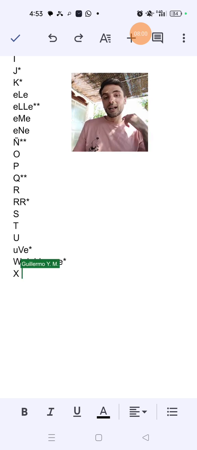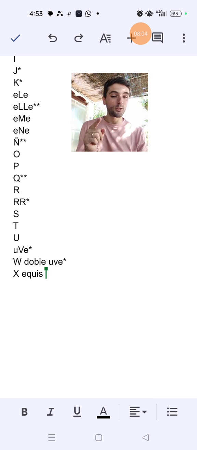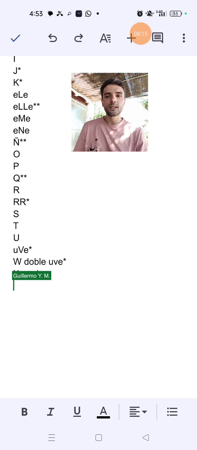The X, in Spanish we call it X. All right, we will see it later. Just to know the name. X makes the same sound as in English, right? There's no mystery here.